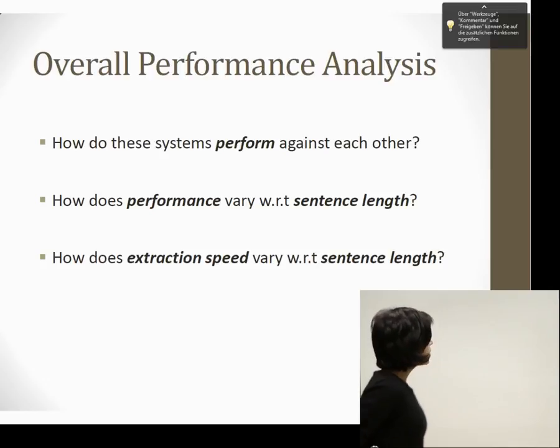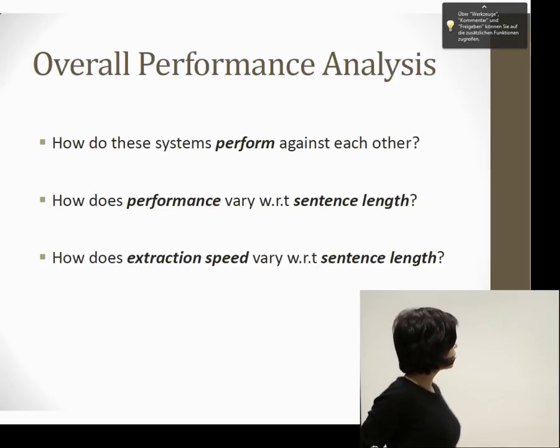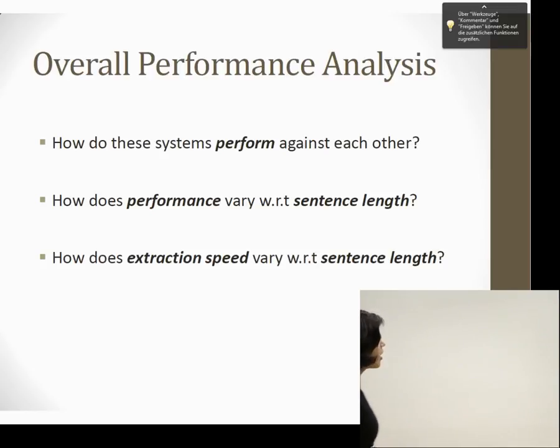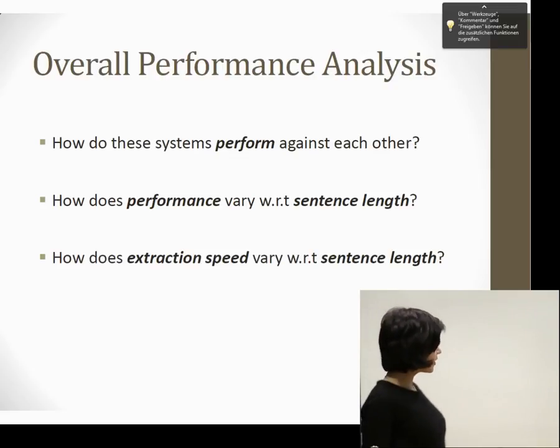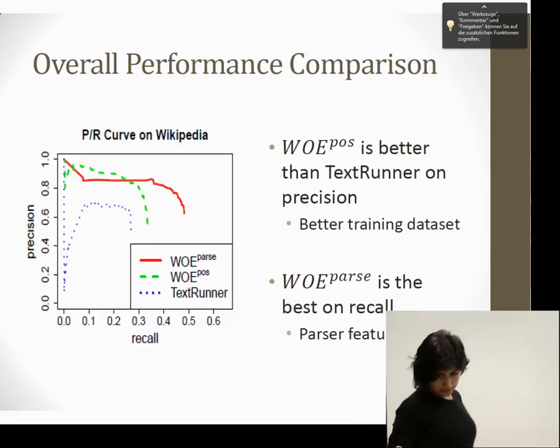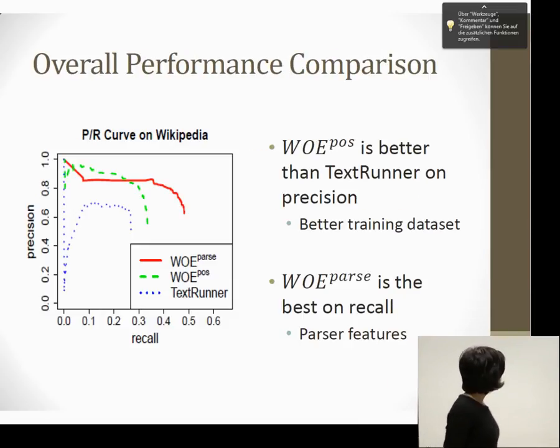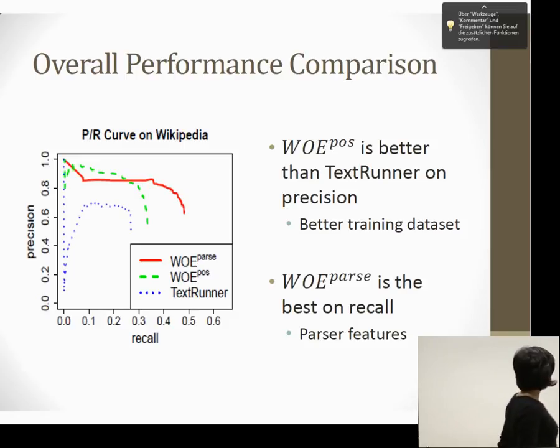So here we will see how these systems perform against each other. Then we see performance with respect to sentence length, and extraction speed with respect to sentence length. Here we see that WOE pos shows better performance than TextRunner because it has a better training data set.